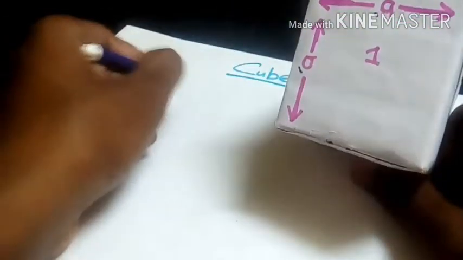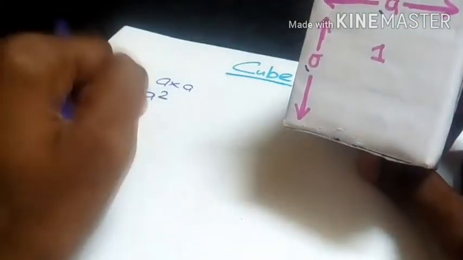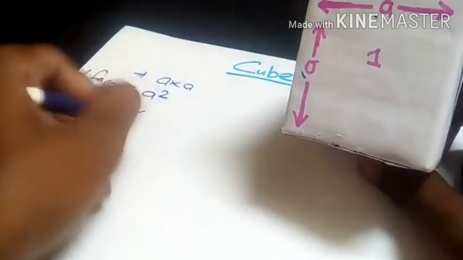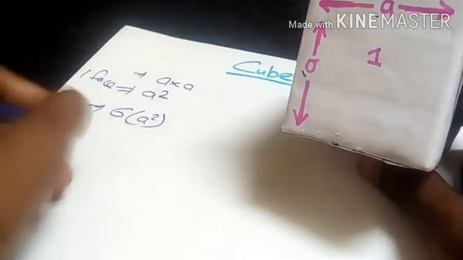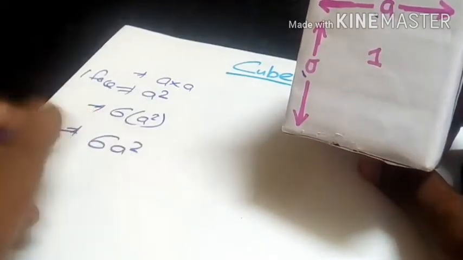So what is the area of this face? A into A, that is A square. So the area of one face is A square, and the area of 6 faces will be simply 6 into A square. So the total surface area of a cube will be 6A square.